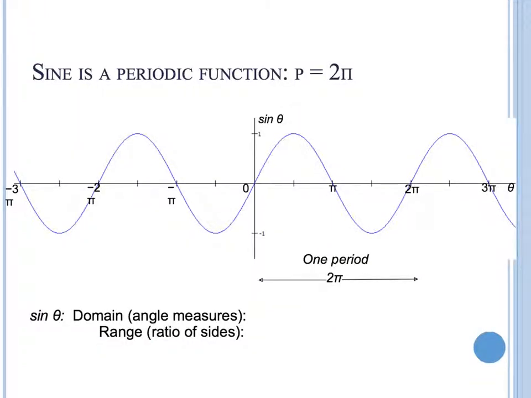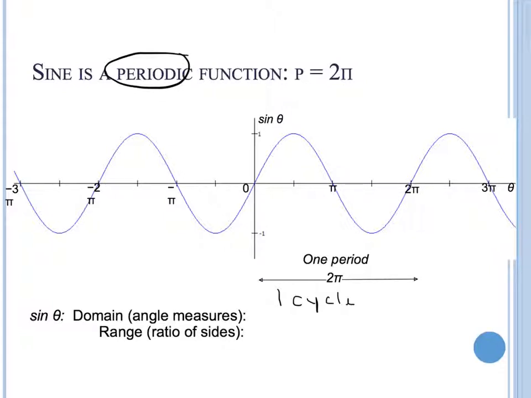Now, this word periodic here means that our graph repeats over and over again. So we have one period, it goes from 0 to 2 pi, that gives us the complete cycle, so that is one cycle. But the graph just doesn't stop at 0 or at 2 pi.